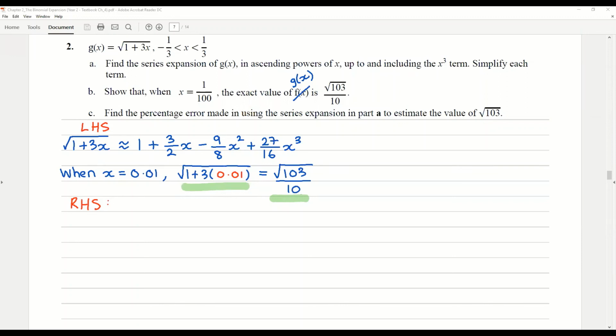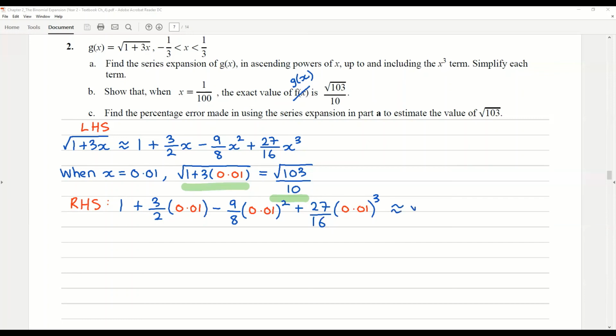So for the right-hand side, we'll have 1 plus 3 over 2 multiplied by 0.01, subtract 9 over 8 multiplied by 0.01 all squared, and then we're going to add 27 over 16, and then it's 0.01 to the power 3.